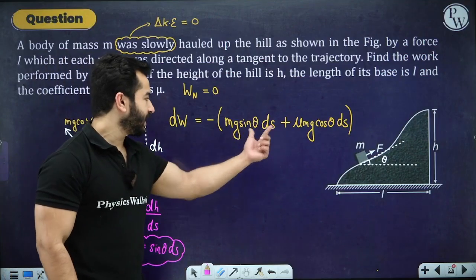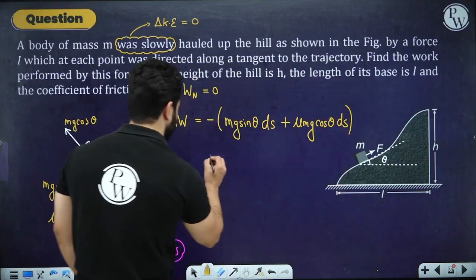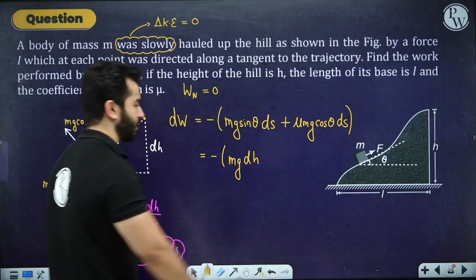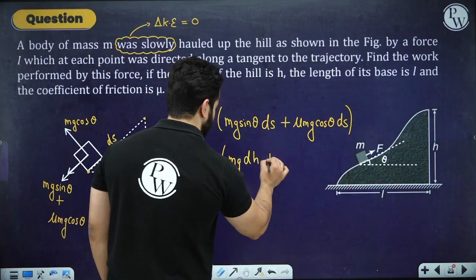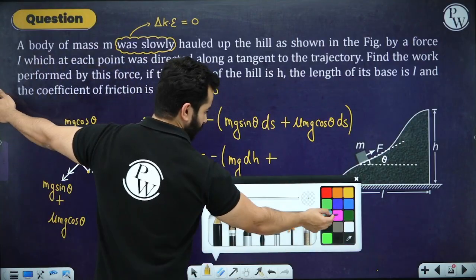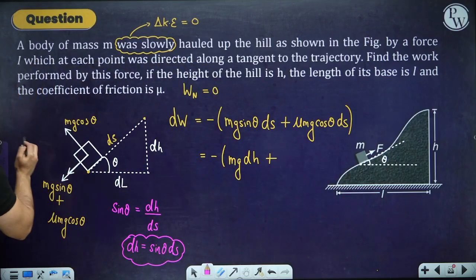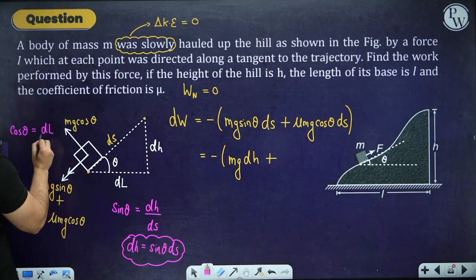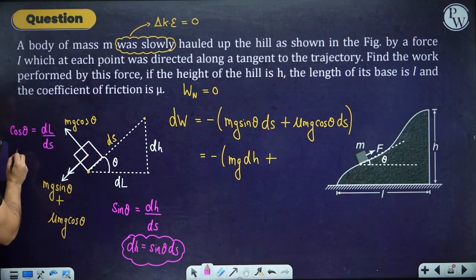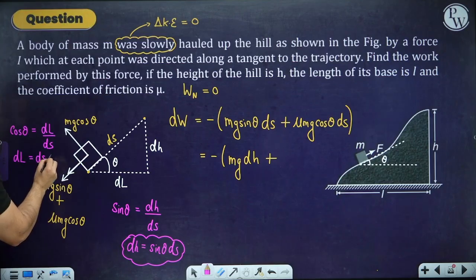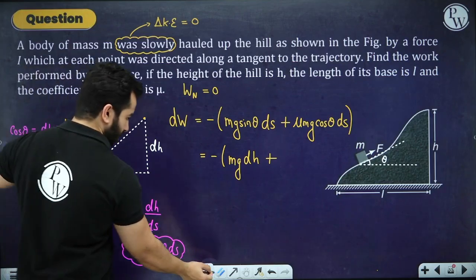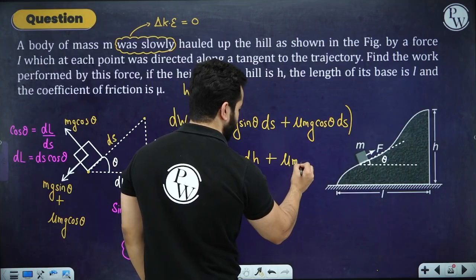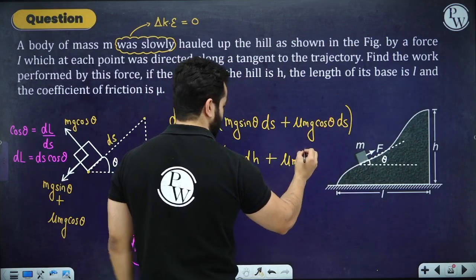Instead of sin theta ds, let's write minus mg dh, plus similarly, cos theta equals base dl by hypotenuse, that is ds. So dl will be written as ds cos theta. So this is going to be again mu mg. Instead of ds cos theta, I'm going to just write dl.